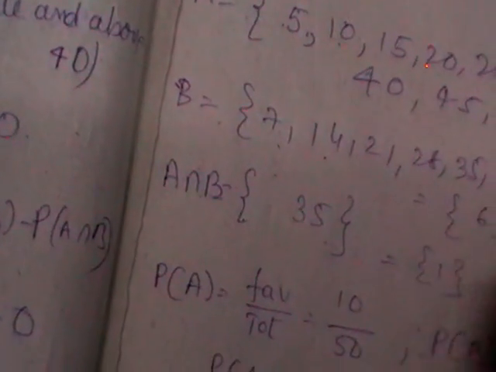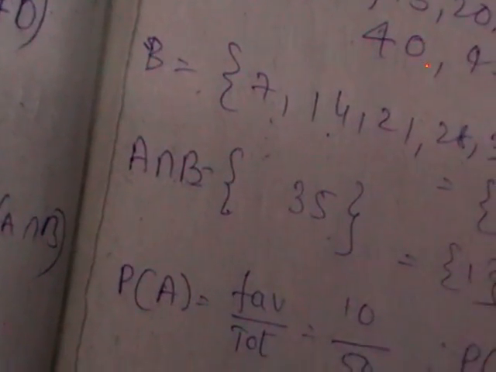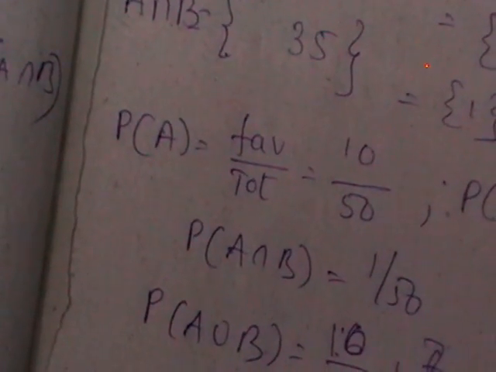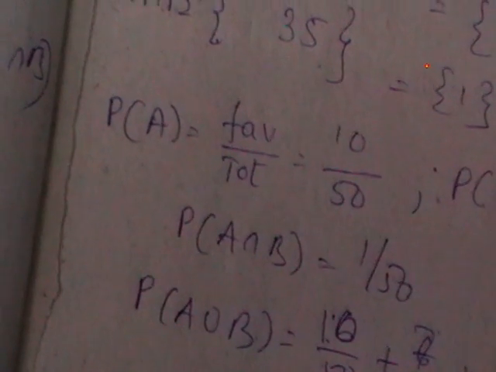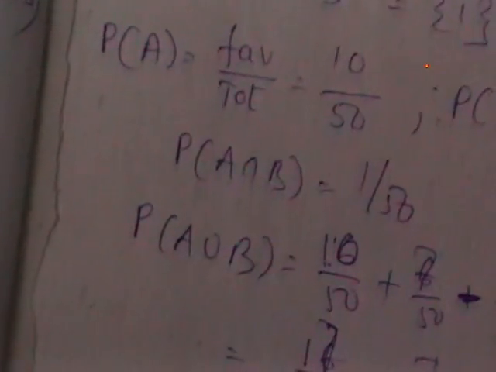Seven, 14, 21, 28. I think we have one more number here, 42. So it will be 7. 17 minus 1, 16 by 50 is the answer for the required one.